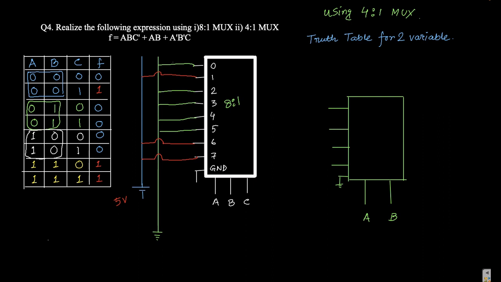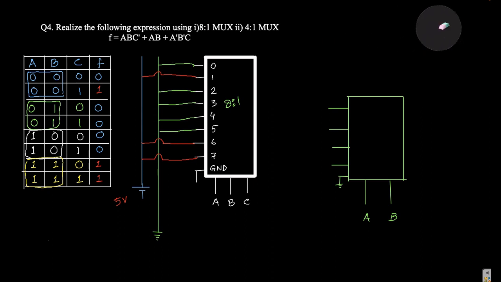Now how can we write the two variable truth table? We just erase this thing first. So the two variable truth table becomes, if A and B are select lines only and F is your output, then how should we write?